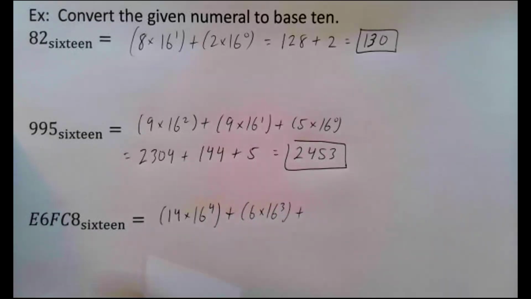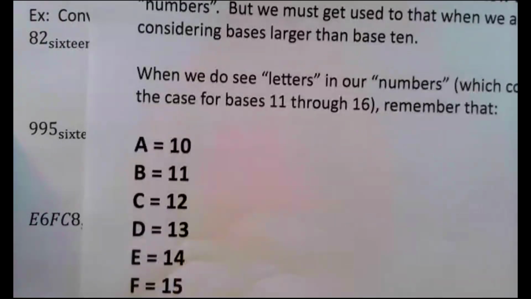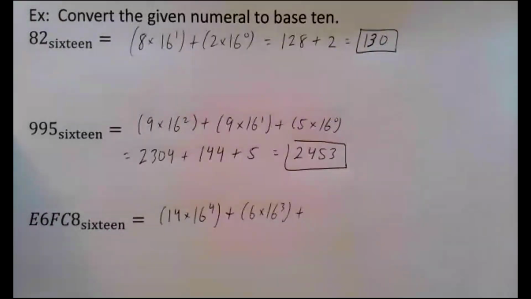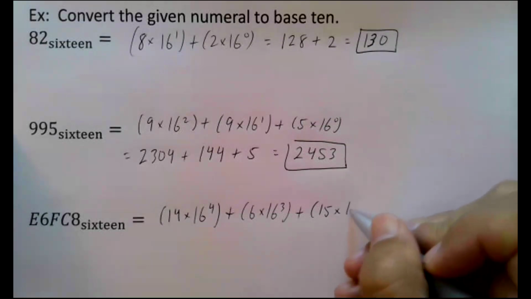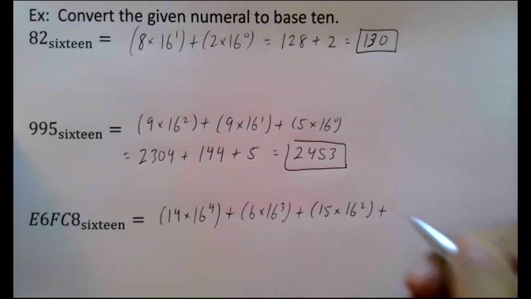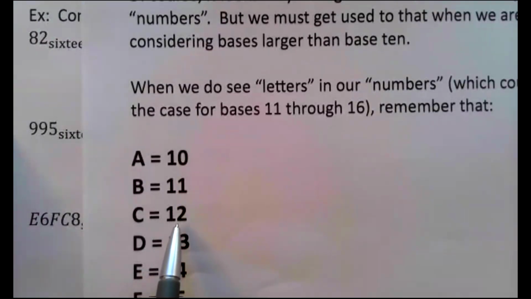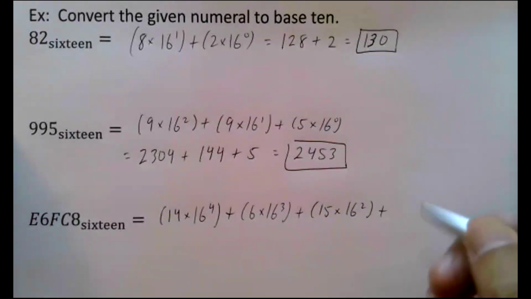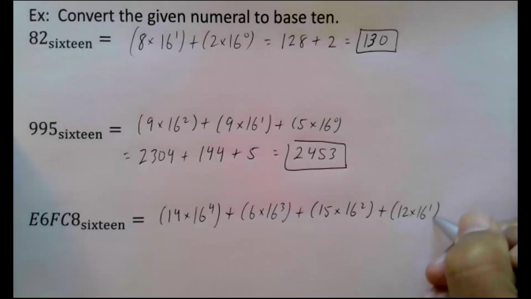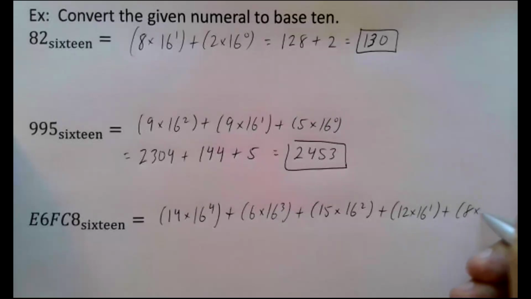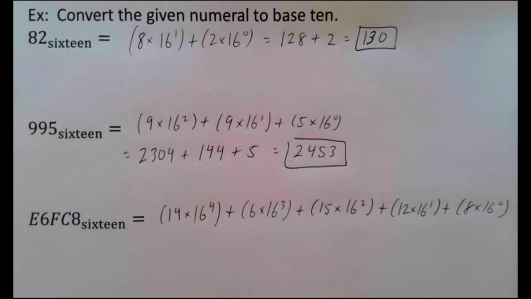I have 15 sets of 16 to the second power. 12 sets of 16 to the first power. And then finally, we have 8 sets of 16 to the power of 0. I hope that makes sense how we're getting all of those things.